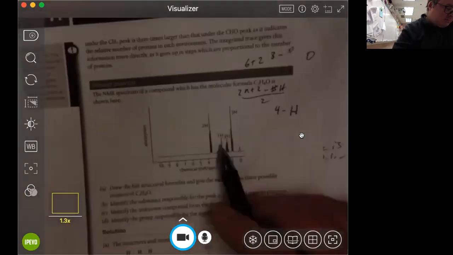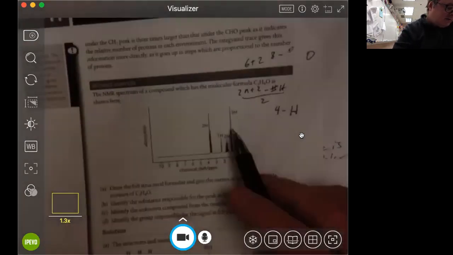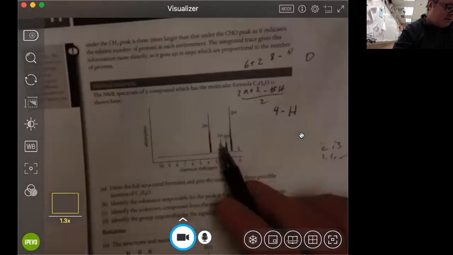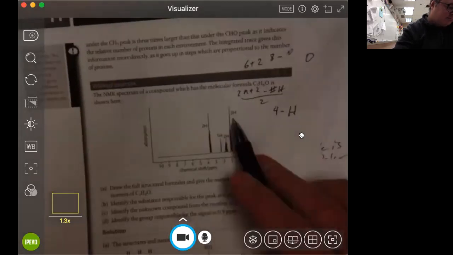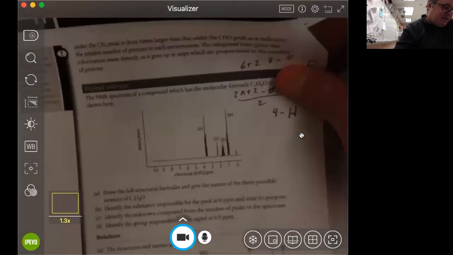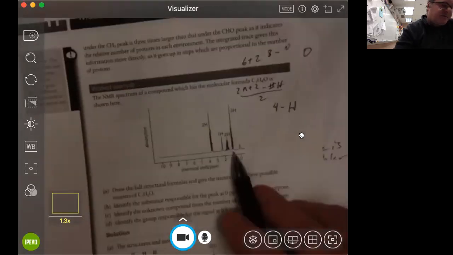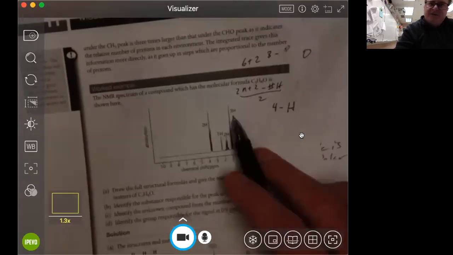If we take a look here, they gave us that ratio. We have 2 hydrogen, 1 hydrogen, 2 hydrogen, and 3 hydrogen. So this is probably right at 0.9 to 1.0. Since it's 3 hydrogens, that's a terminal CH3, basically a primary CH3.